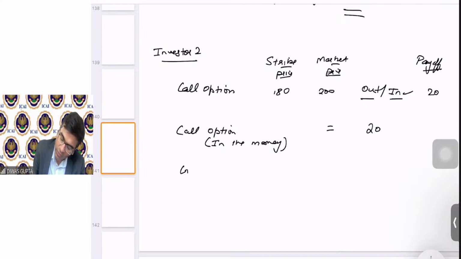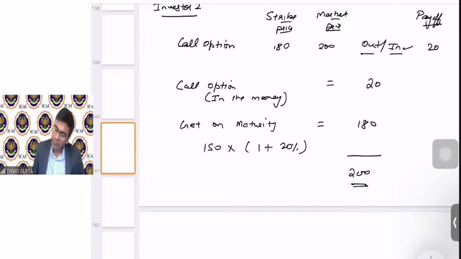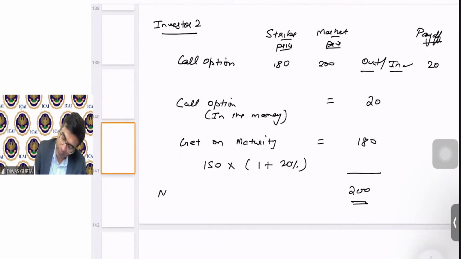So I will get on maturity how much amount? 150 into 1 plus 20 percentage as return. So this is how much? 180. So in totality, I will get 200 rupees of cash flow. Net cash inflow after 1 year will be this much.